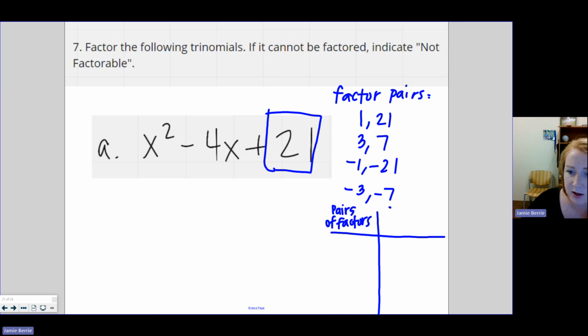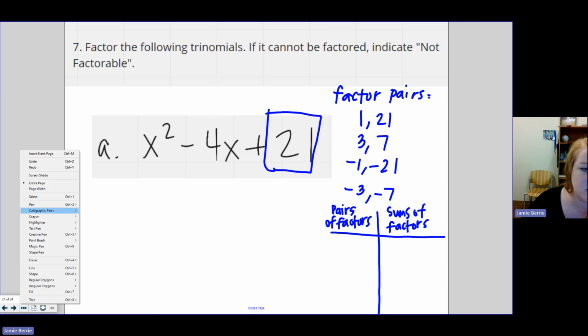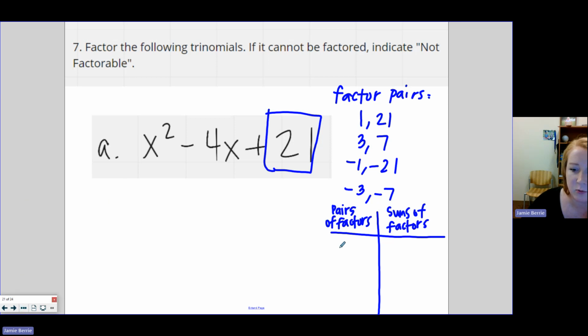And in the right-hand column, I call it sums of factors. Sum meaning add. Usually in the future, I just abbreviate this POF and SOF, so I don't have to write that every time.